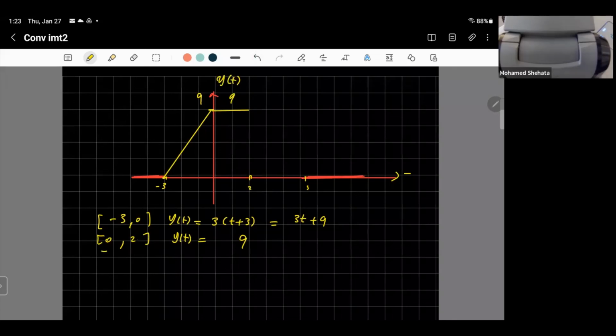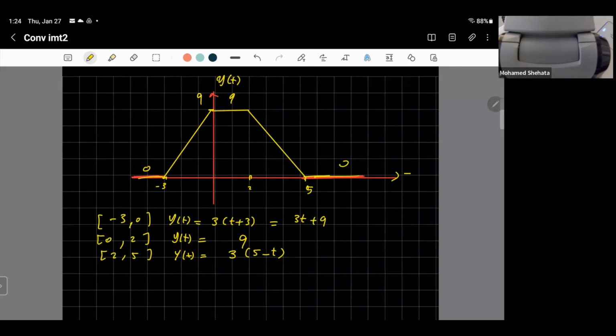And from 2 to 5, the function y of t is equal to 3 times 5 minus t. So the end at 5 will be actually 0. So the straight line, that's easy. And after that will be 0 as you see here. So that's the response of y of t.